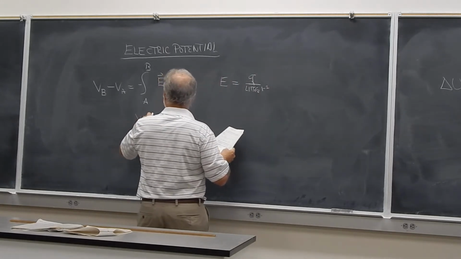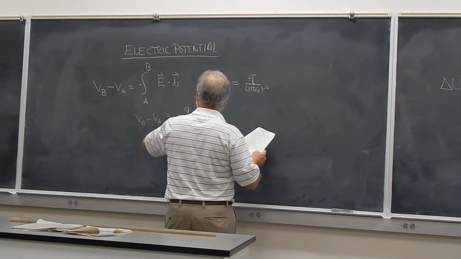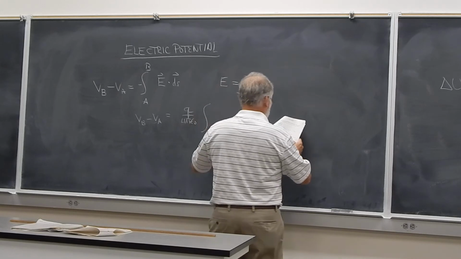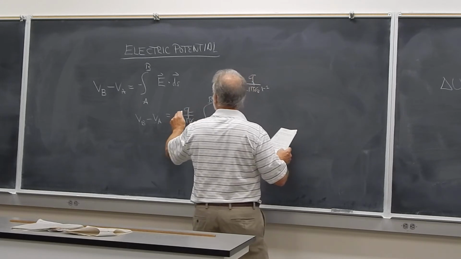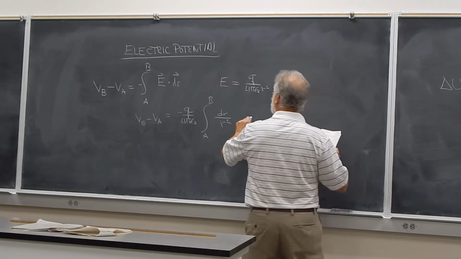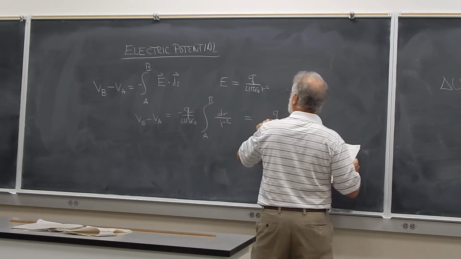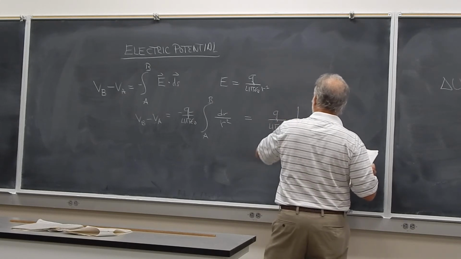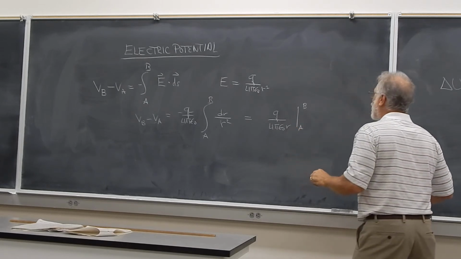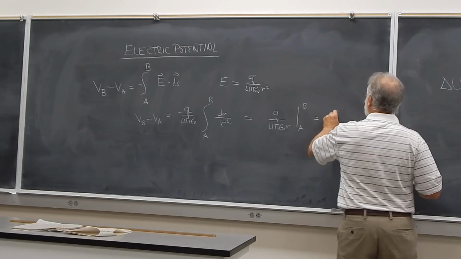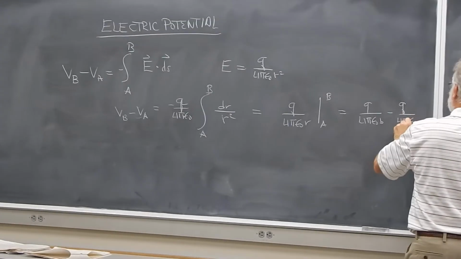So VB minus VA can be written as minus 1 over 4 pi epsilon naught times Q times the integral of dr over r squared from A to B. And that's going to give me 1 over r, so it will be Q over 4 pi epsilon naught r. Put in my limits from A to B, and I'll get Q over 4 pi epsilon naught B minus Q over 4 pi epsilon naught A.